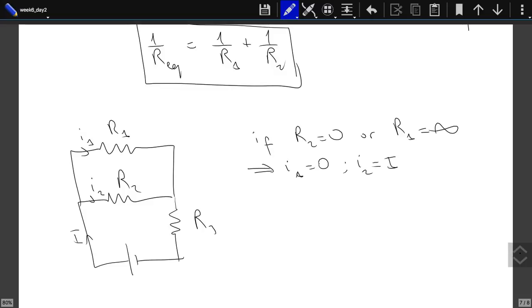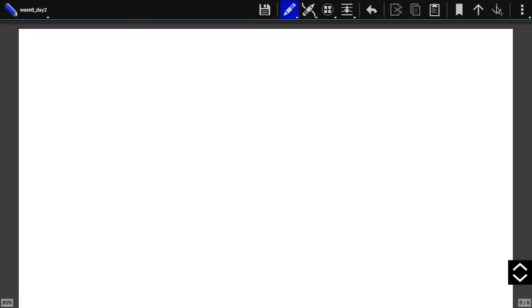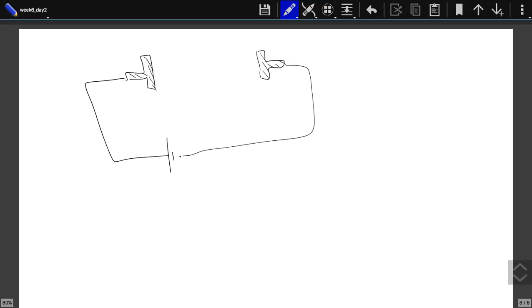Now let's go back to our first discussions about the batteries and the currents, what's actually happening. Now we have this battery. Let's imagine these are the contacts. This is positive, this is negative.